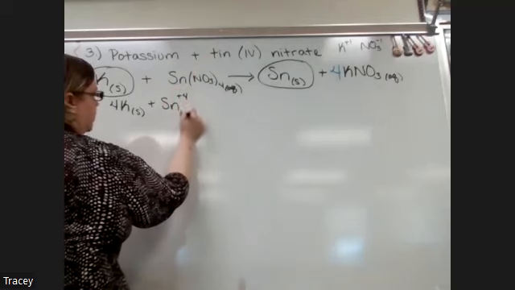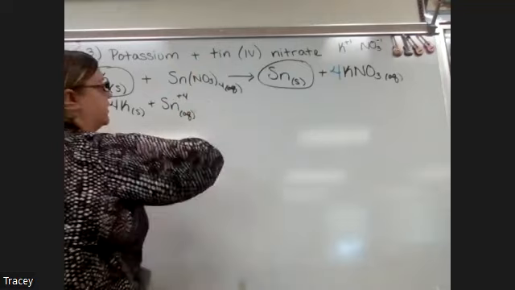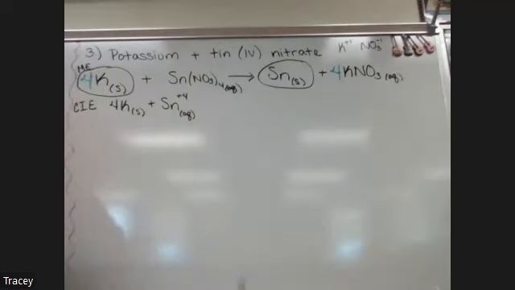Now with aqueous compounds, they're going to break into individual ions. Now, like I said yesterday, unless it's a polyatomic ion, you make your subscripts coefficients. You do have to pay attention to whether or not your polyatomic ion is in parentheses. If your polyatomic ion is in parentheses, you're going to keep what's in parentheses.